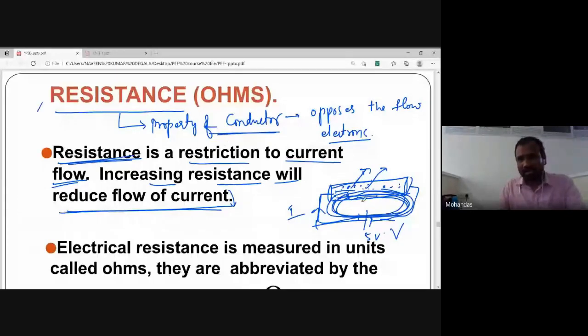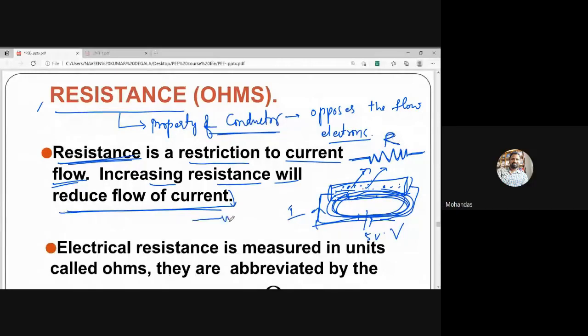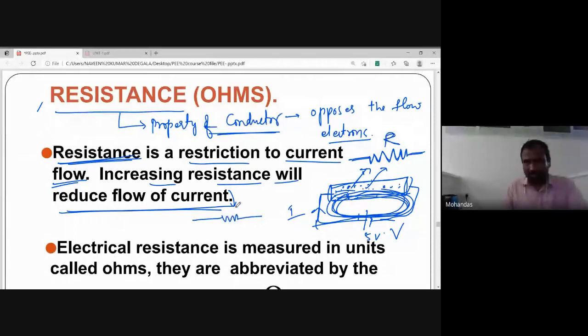That property can be modeled as a resistor, which is symbolically represented like this. This is the symbolic representation of a resistor, and it is denoted by R. R is denoted for resistance. So finally, the conductor property can be modeled as a resistance R.